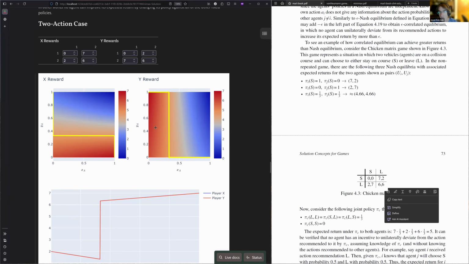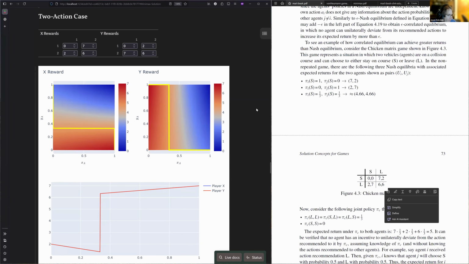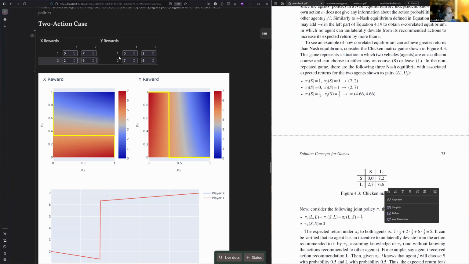But this is not applying a linear program or anything. What this is doing is showing, for this game, this is the reward function for the X player, and this is the reward function for the Y player. And going through this is showing the best response that you could get for each player.